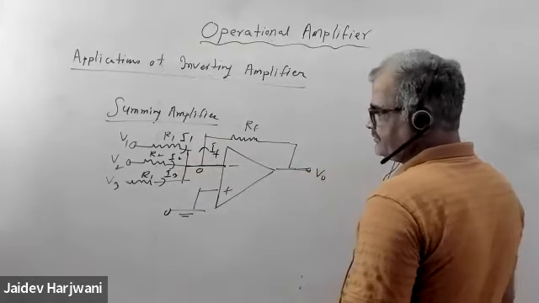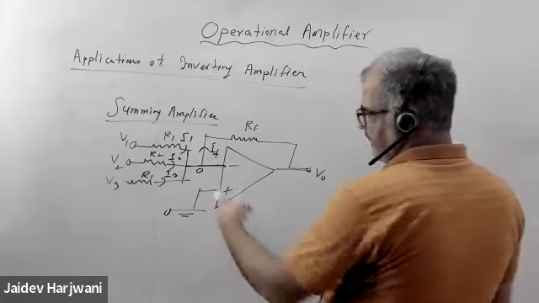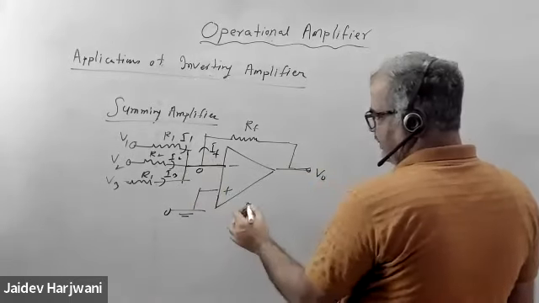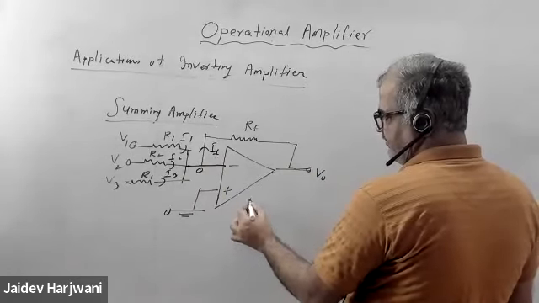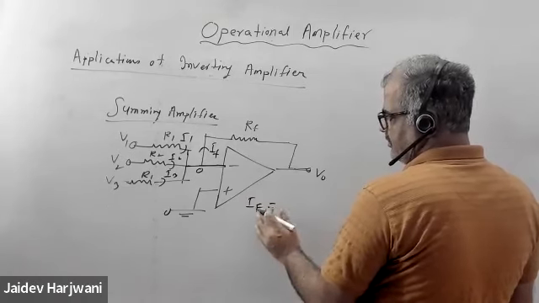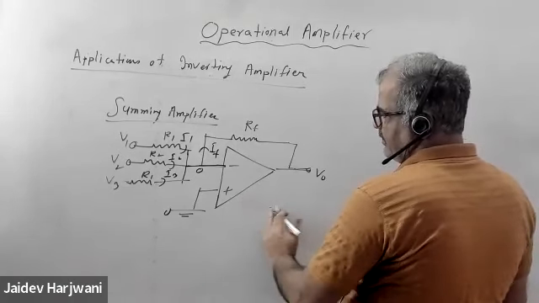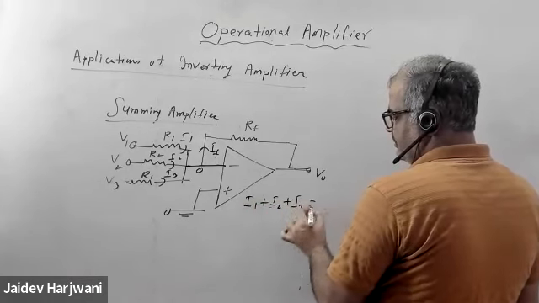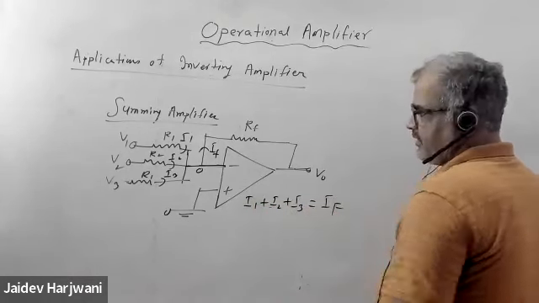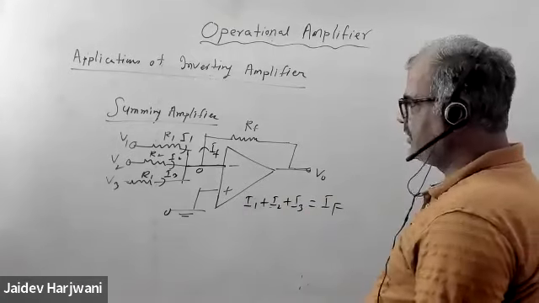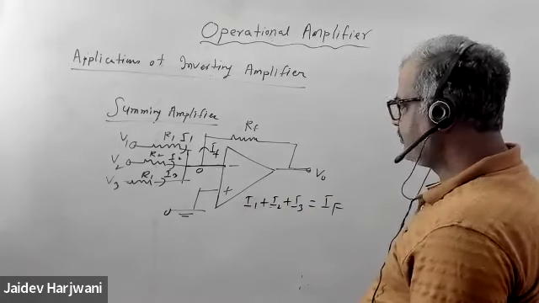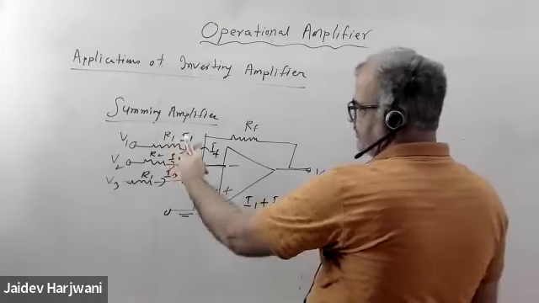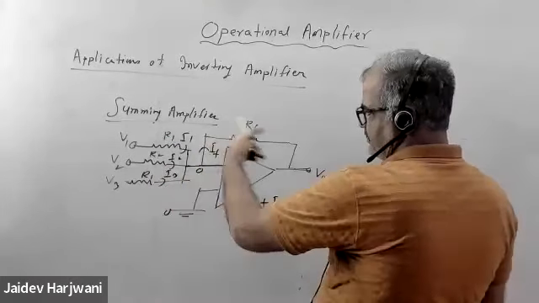So by nodal analysis, I can write my I1 plus I2 plus I3 equals IF. Can I write like this? Nodal analysis: incoming current equal to outgoing current. So these currents are coming, and this is going outgoing current.